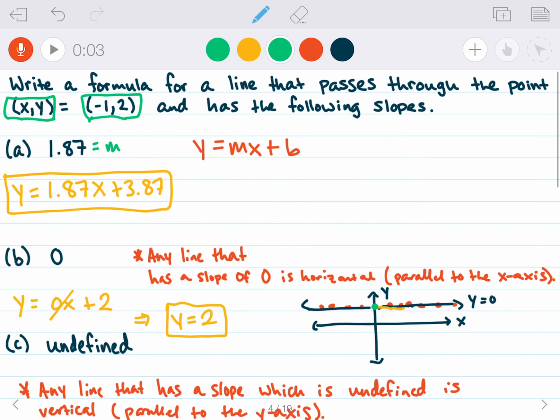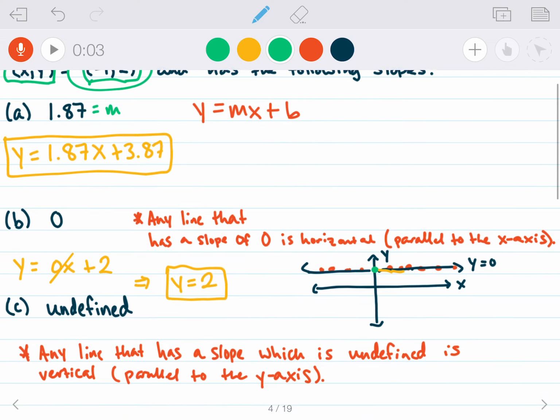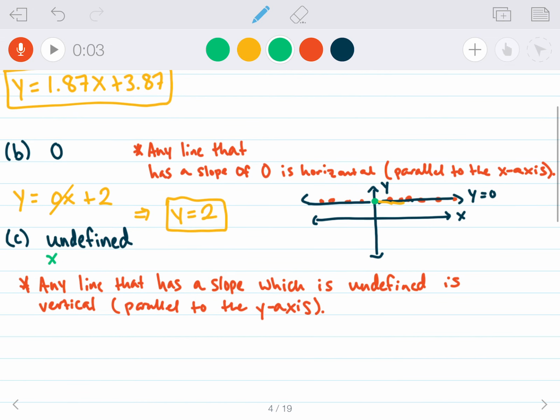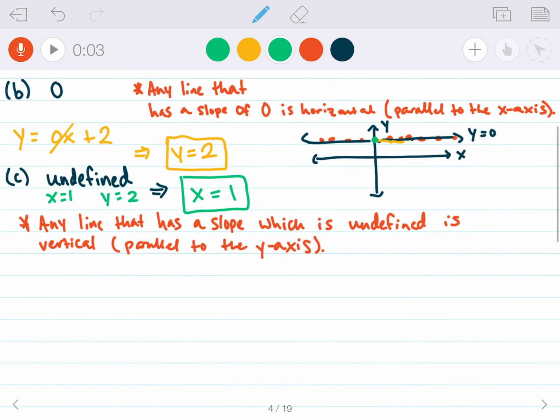Okay, so if I were to write an equation for a line that has an undefined slope and it passes through negative 1, 2, so here x is negative 1, y is 2, the way that I would write this is simply x equals negative 1. That's how I would write that. So anytime you have an undefined slope, it's going to be of the form x equals something.